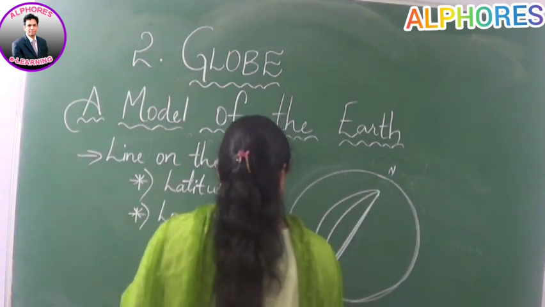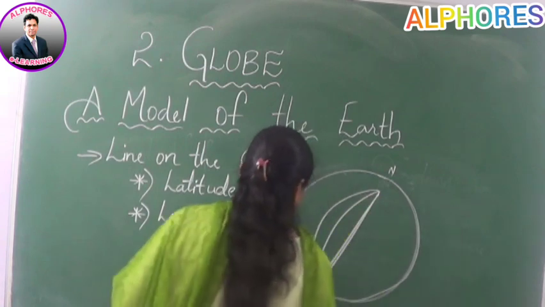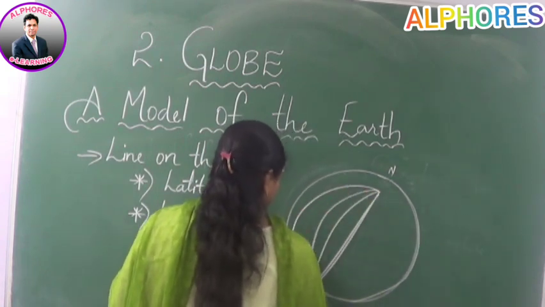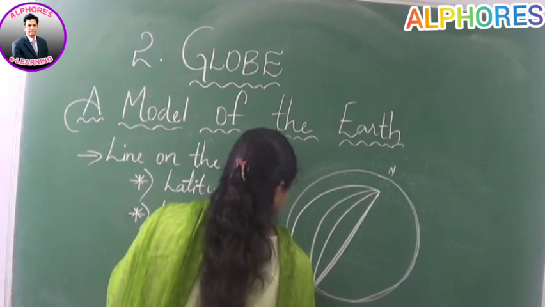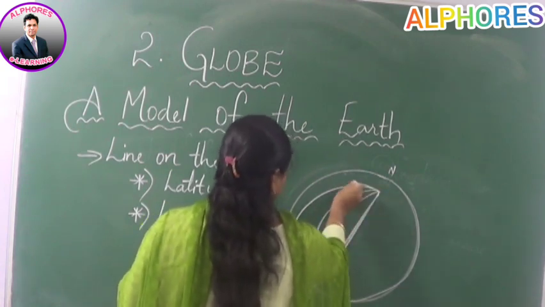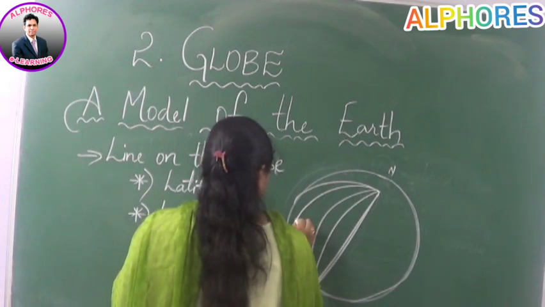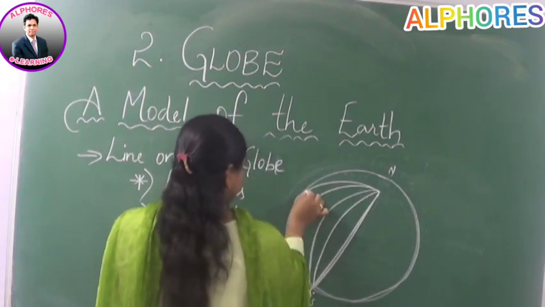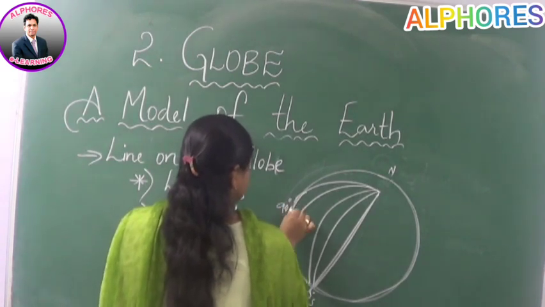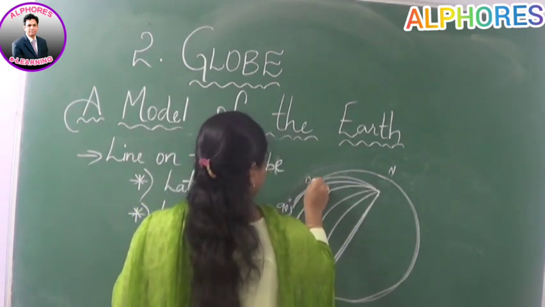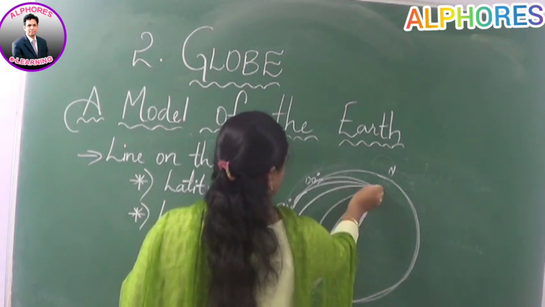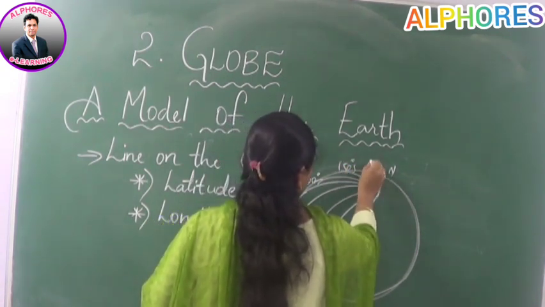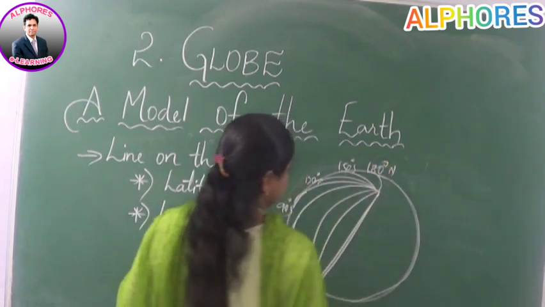So this is 30 degrees south, 60 degrees south, 90 degrees south, 120 degrees south, 150 degrees south, and when it comes to here it becomes 180 degrees.